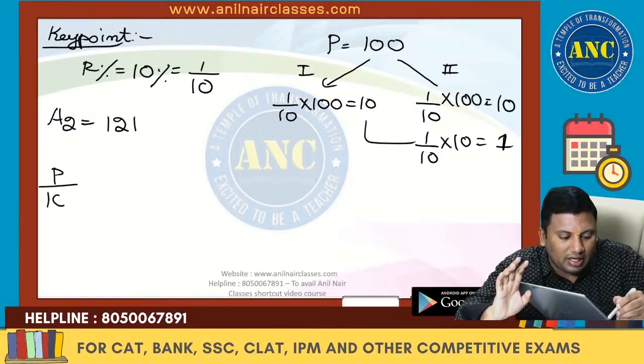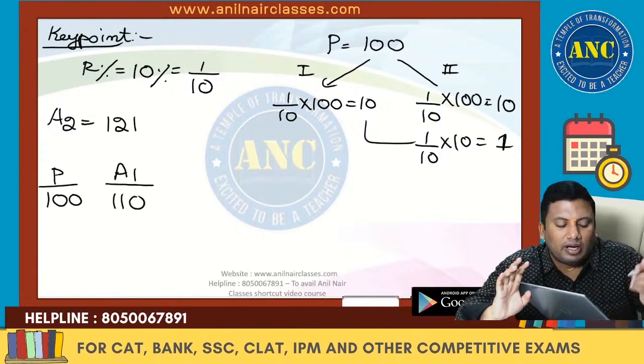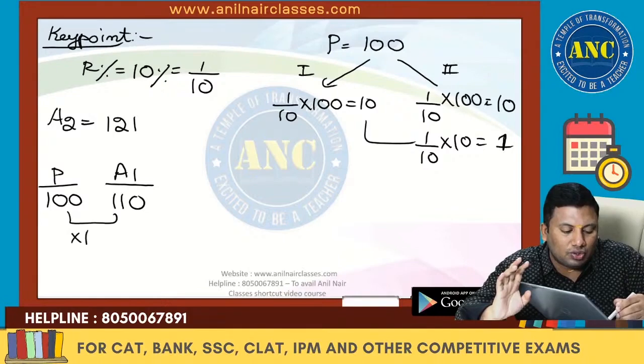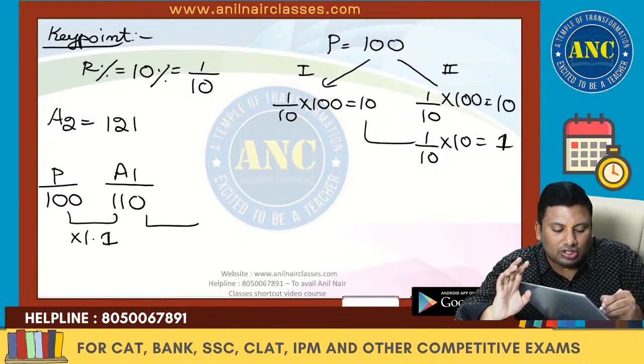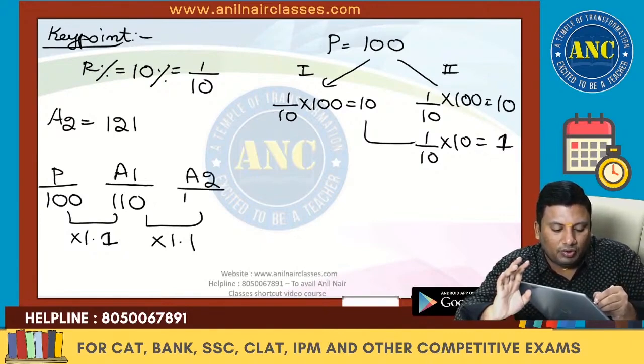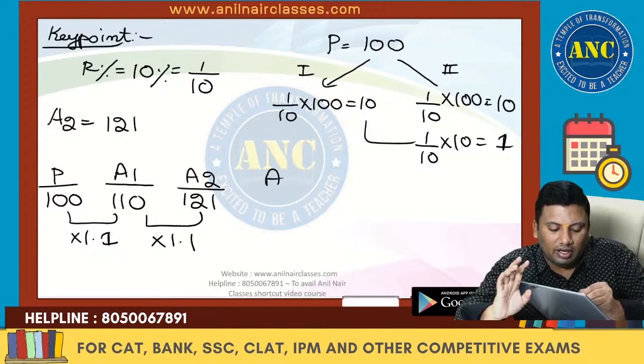Initially principal is 100. Amount after first year is 110. This is nothing but into 1.1. So this also will be into 1.1. Amount after 2 years is 121. This also will be 1.1. 133.1.